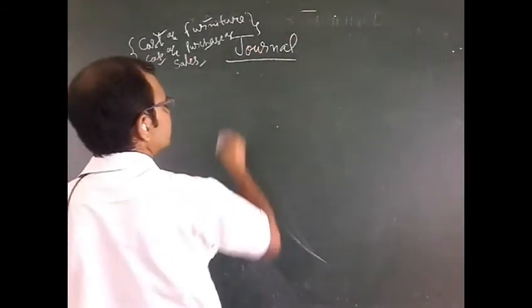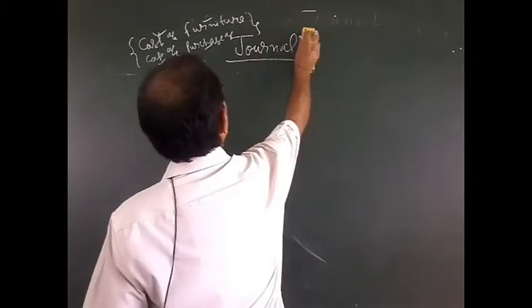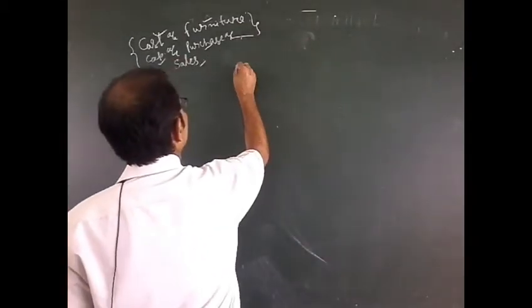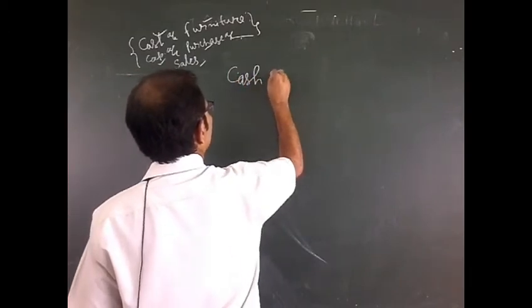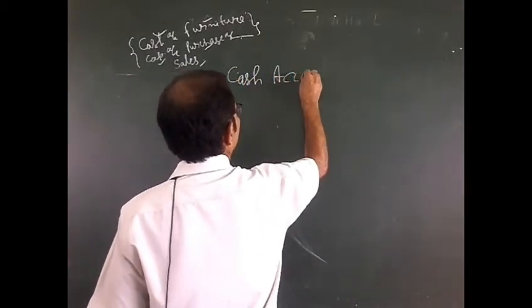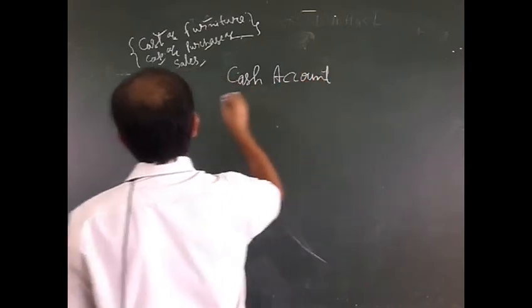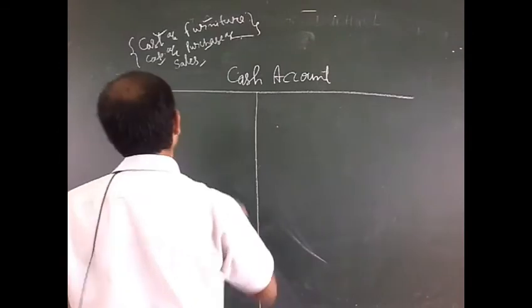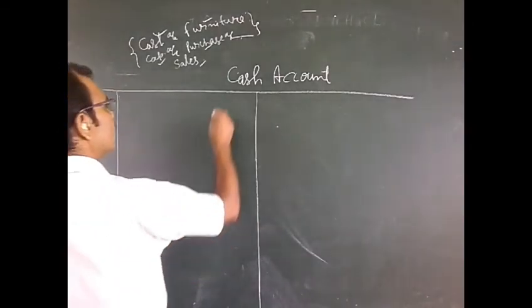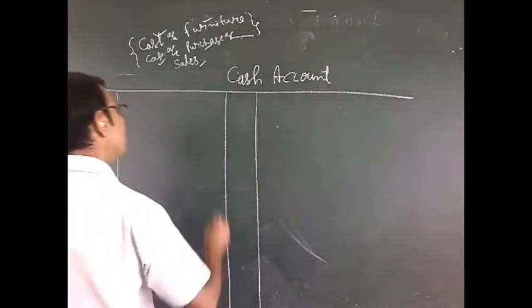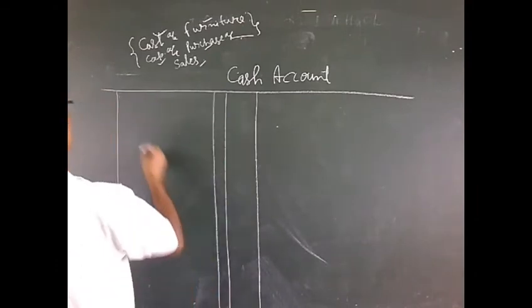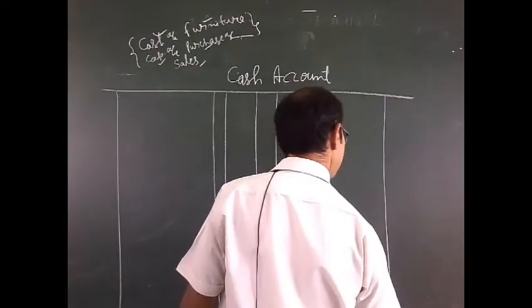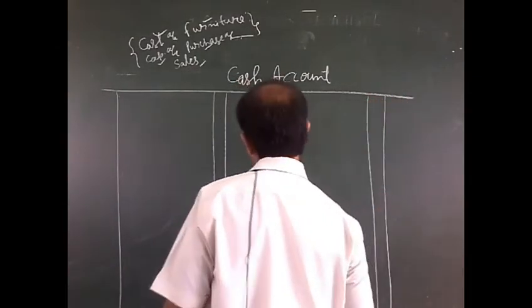The first one is cash account. So we will write here cash account, and date, particulars, LF and amount. Again date, particulars, LF and amount.